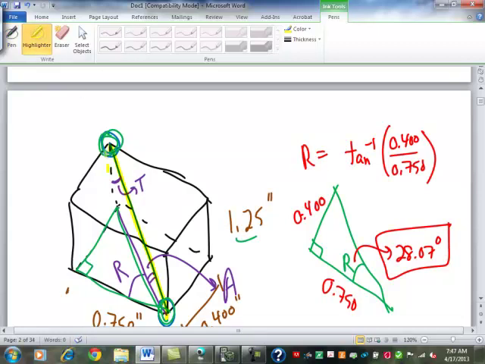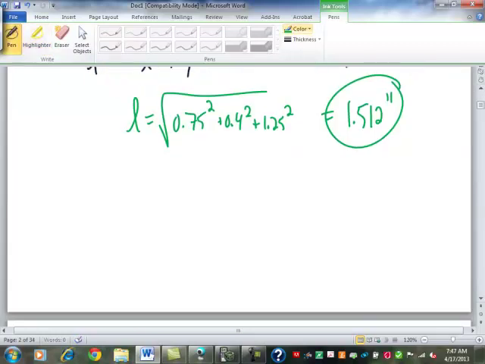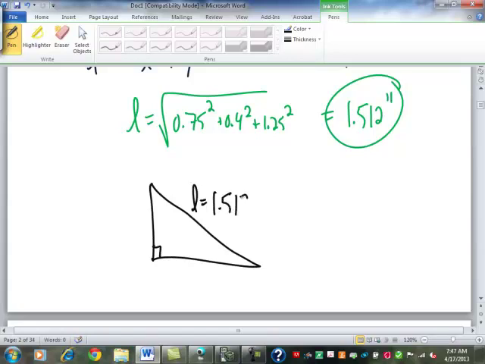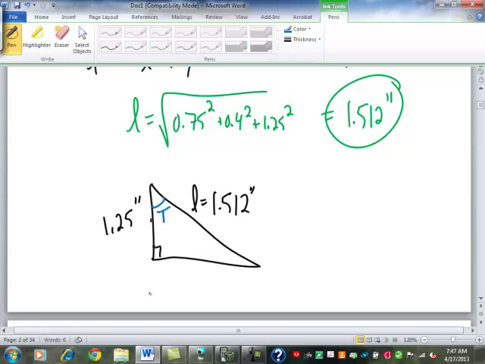What that does now is it allows us to look at this triangle here. This is a right angle. This here is L. This is that 1.512 inches. We also know that this here is the thickness of the material. So this angle here, angle T, would be what? Well, what sides do I have? This is the hypotenuse, obviously. According to angle T, this would be the adjacent. So that's a cosine.